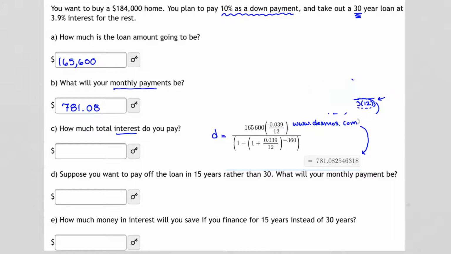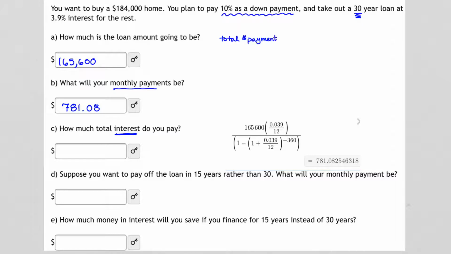And then I'm going to go ahead and say that the total interest is obtained by taking our total amount of payments. So how do I get the total amount of payments?